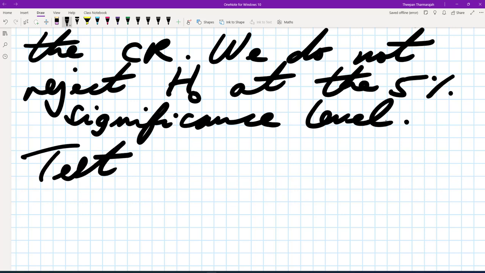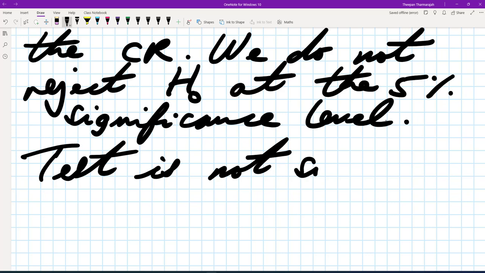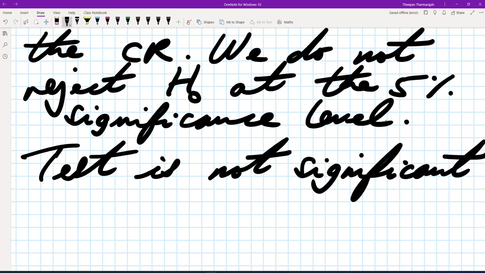And you must write all of this to get full marks in the exam. Test is not significant. And we must have our conclusion written down as well to get full marks in the exam.